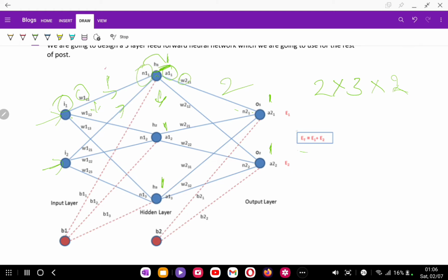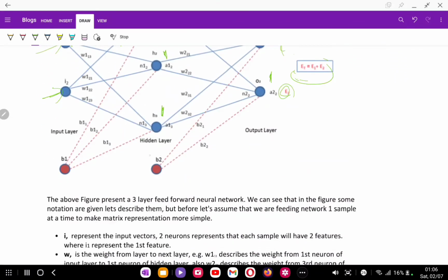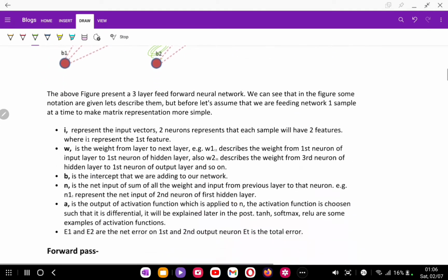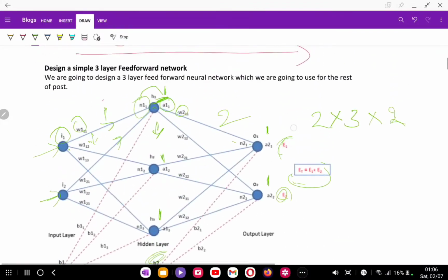E is our error term. We have E1, which is the error at the final node 1, and E2 is the error at the final node 2. B is biases, meaning the extra bias that we are adding. This is the naming convention that we are going to follow.